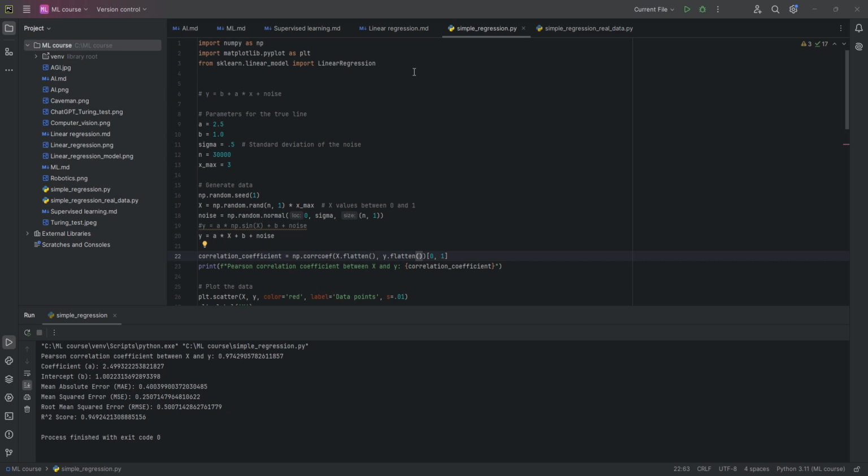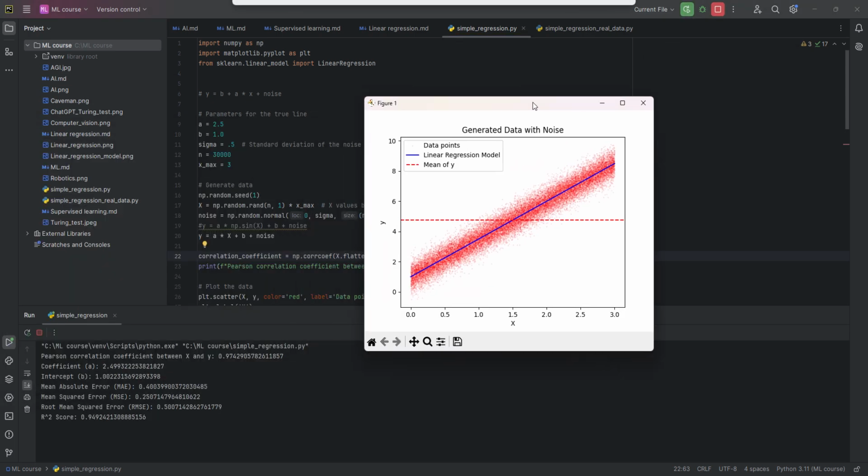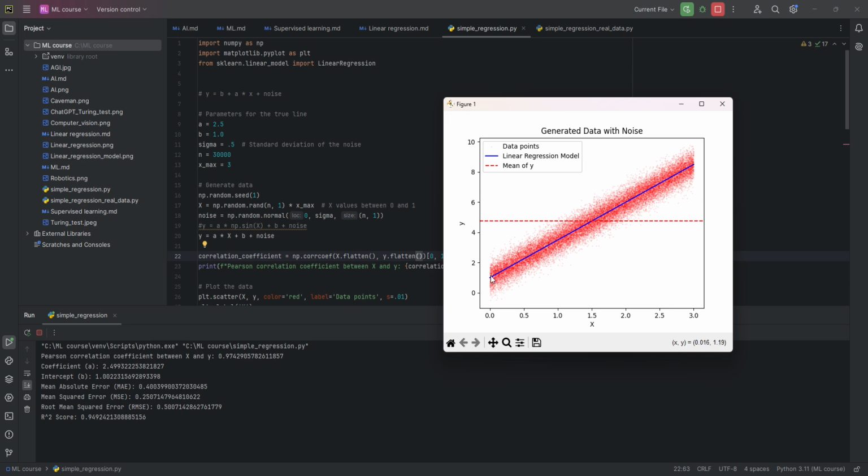Previously, we saw a simple regression on synthetic data, and when we run this code, we were able to fit a linear model to our data.